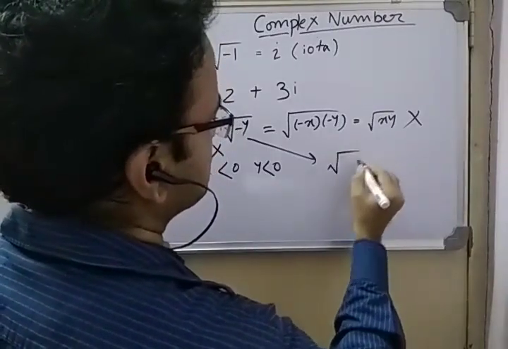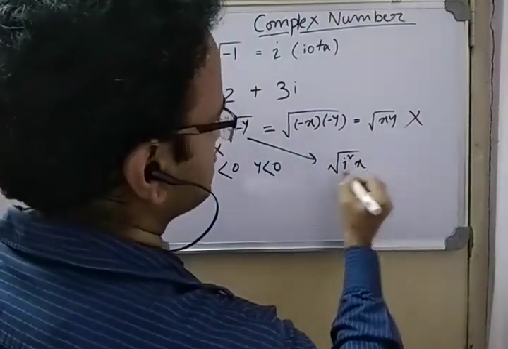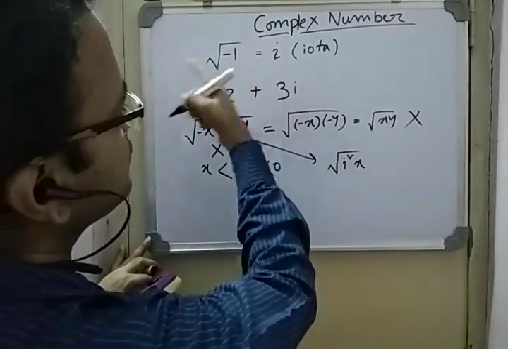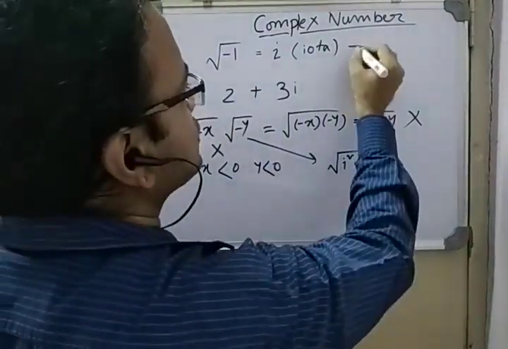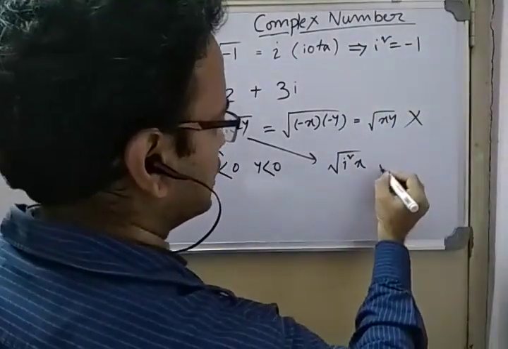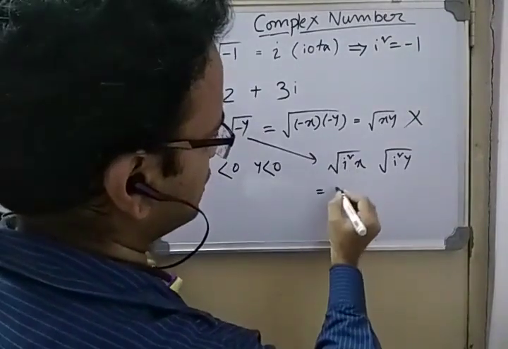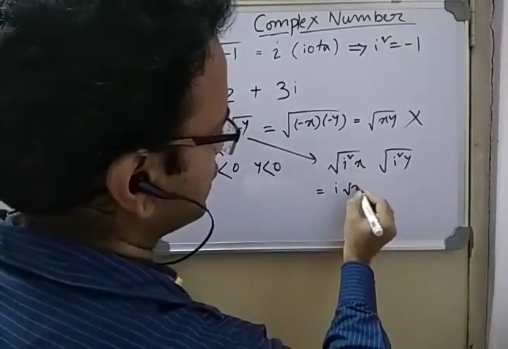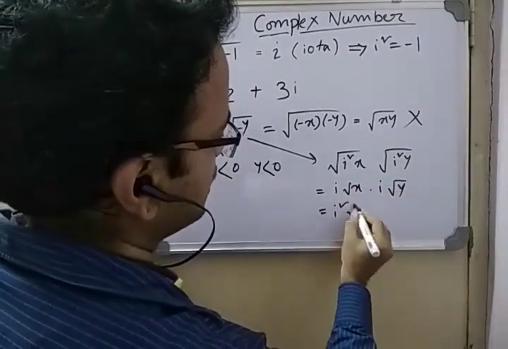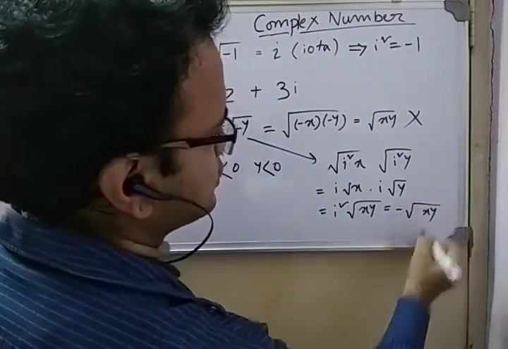The concern is this. Suppose both are negative. So I will replace minus 1 with i square, because we know i is root over of minus 1, so i square is minus 1. This becomes i square x, and this becomes i square y. So from here we have i root x, from here i root y. So actually it becomes i square root xy, that means minus root xy.